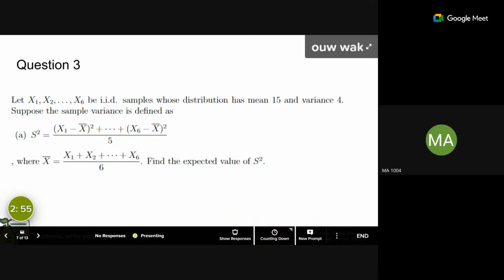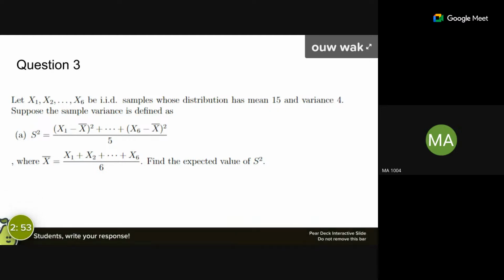Okay, try it. Did you guys understand the question first? That is most important. They have given mean of 15. So this is mean of what? Population mean.